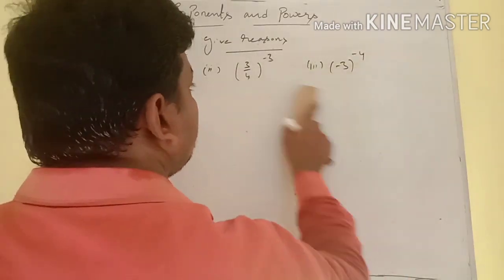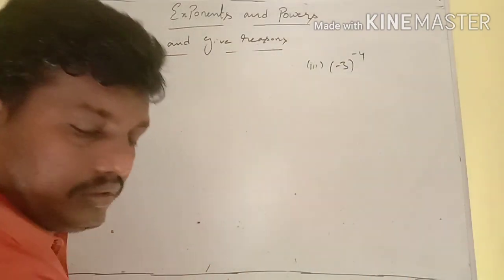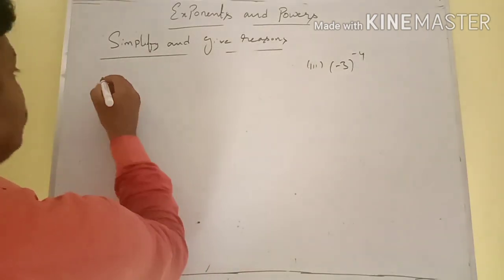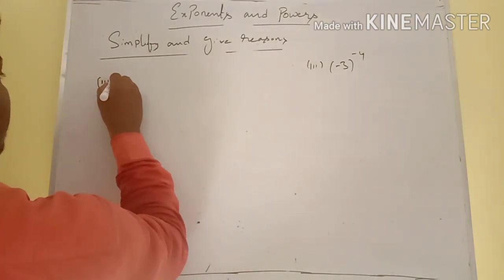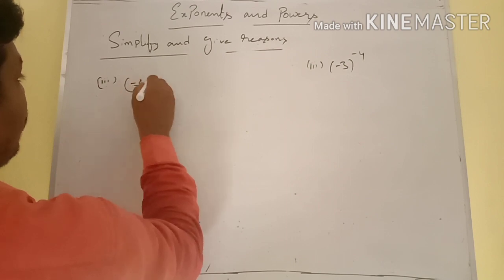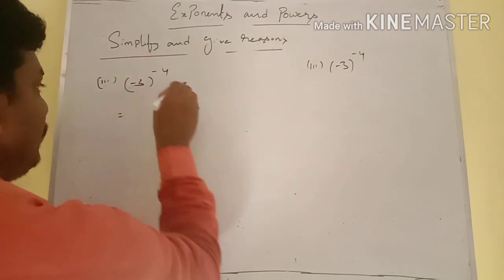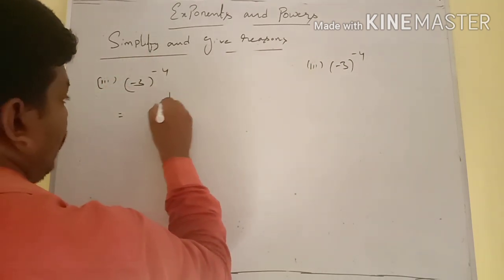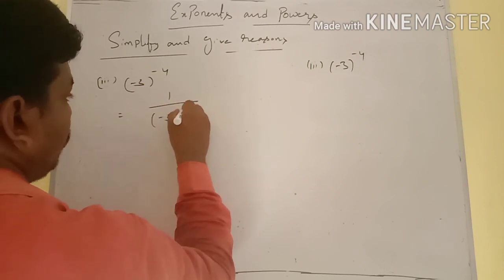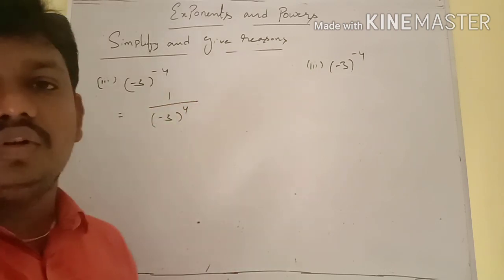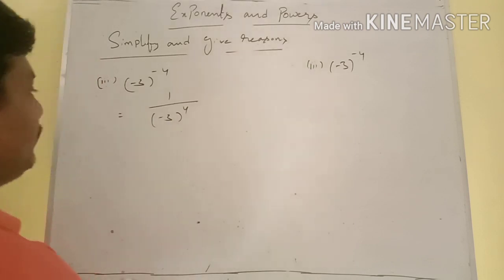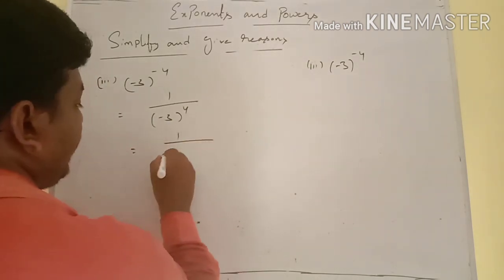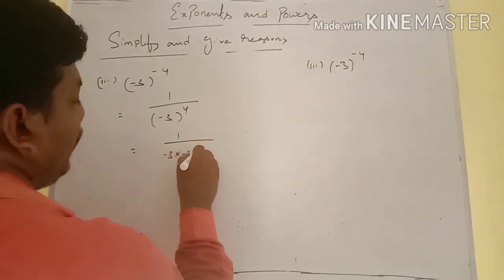Coming to question number 3, minus 3 whole to the power of minus 4. That means this can be written as 1 by minus 3 whole to the power of 4. So this is 1 by minus 3 multiplied 4 times.